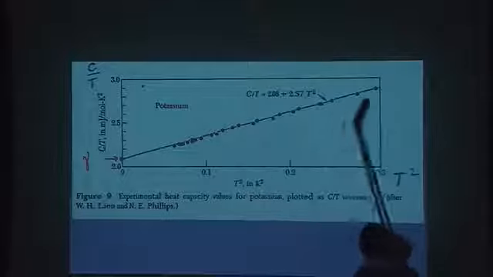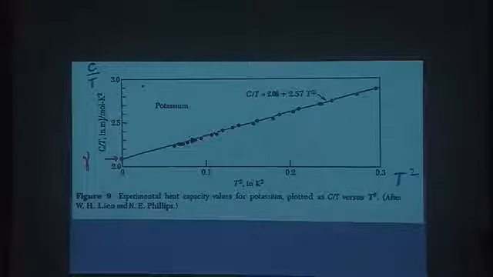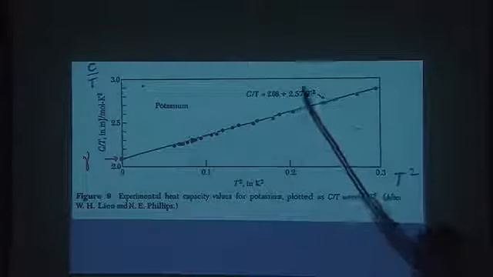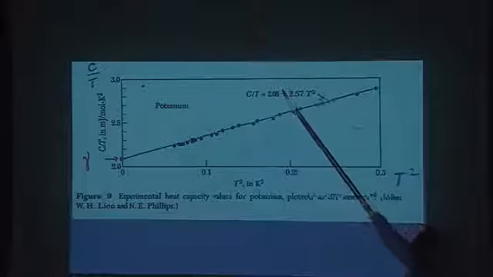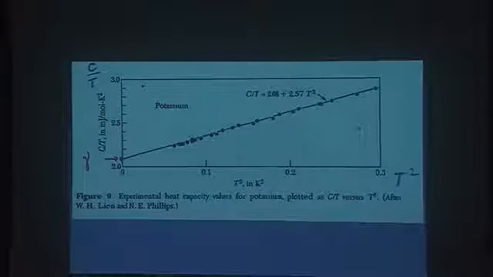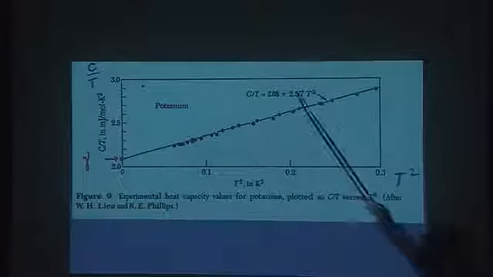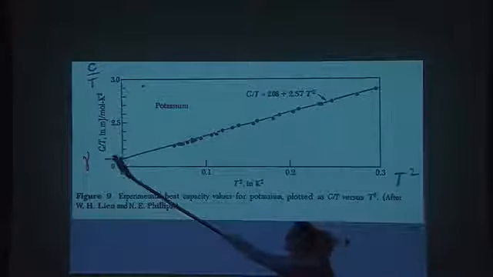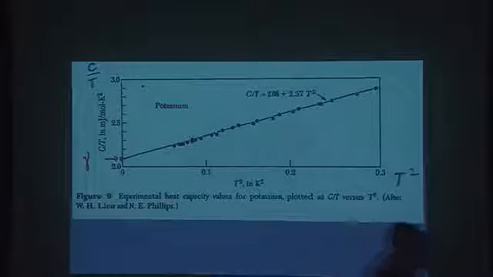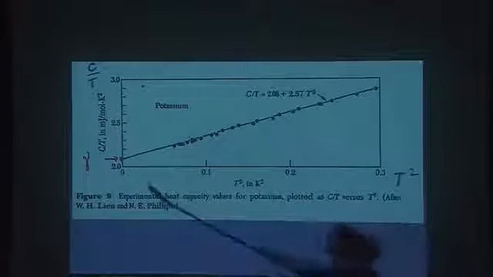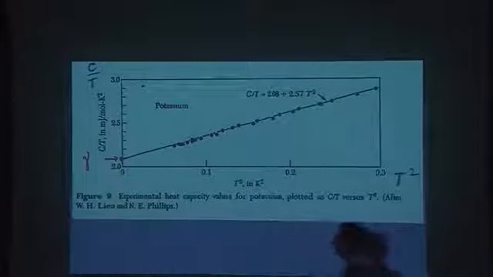This is beautifully linear data. Second, you can read off the actual value of the phonon heat capacity, the prefactor that gives you, say, the Debye temperature, from this coefficient here. And you can also read off the electron contribution just from this intercept, which is this coefficient gamma.